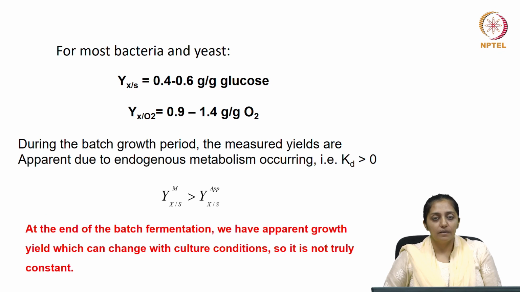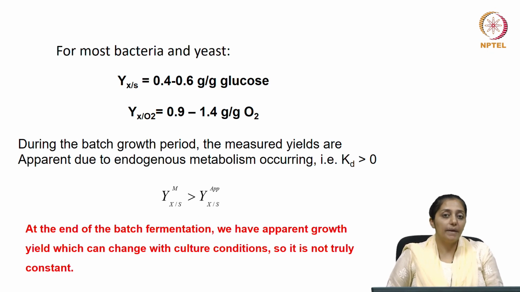And in that case, when the endogenous metabolism is high, the theoretical yield coefficient will be higher than the actual or experimentally measured yield coefficients, which are based on the amount of biomass produced per unit substrate consumed. So, at the end of batch fermentation, we have apparent growth yield which can change with culture conditions. So, it is not truly a constant.